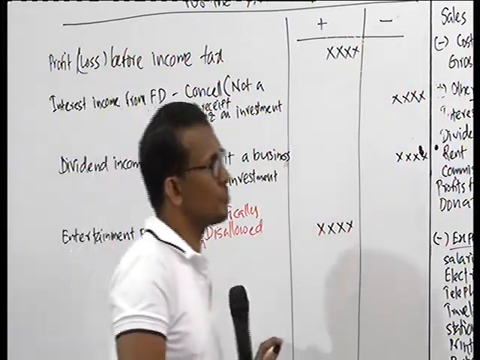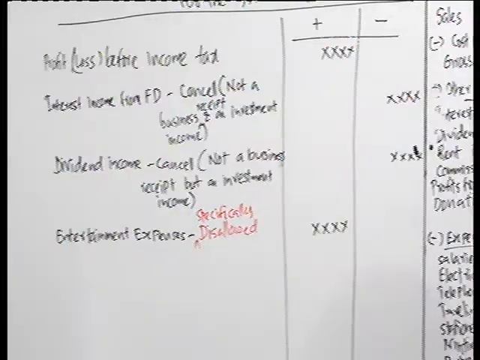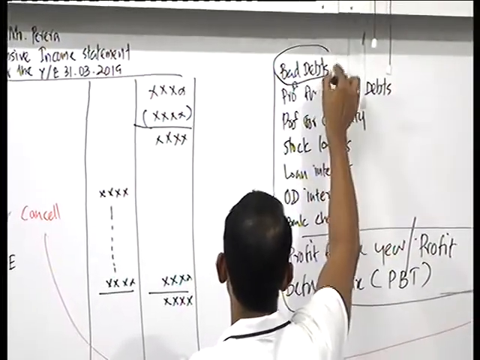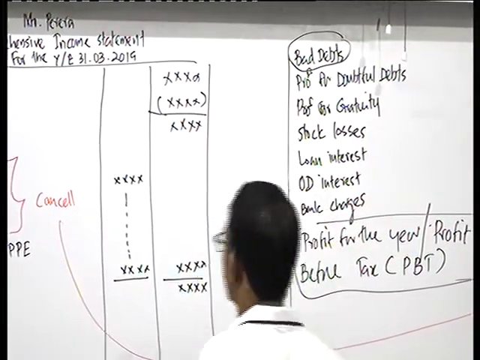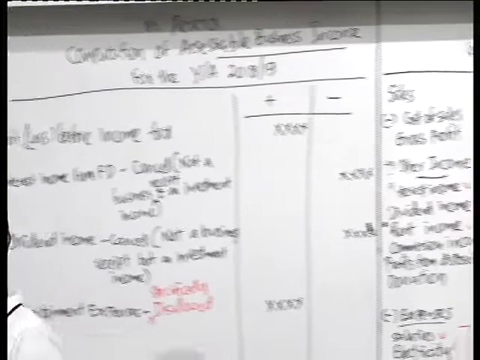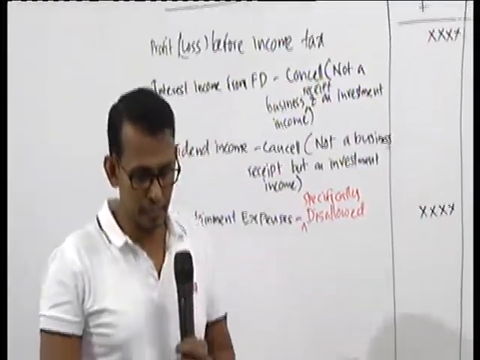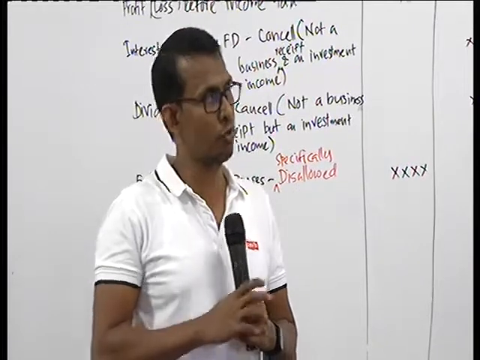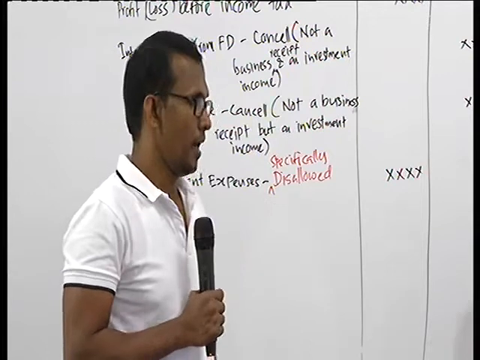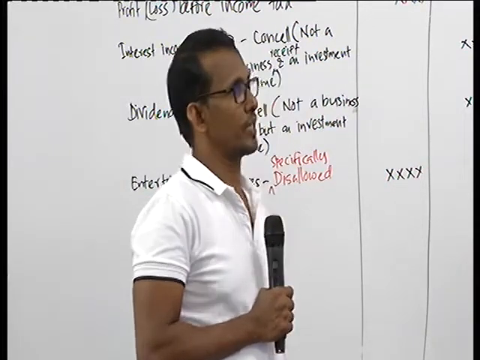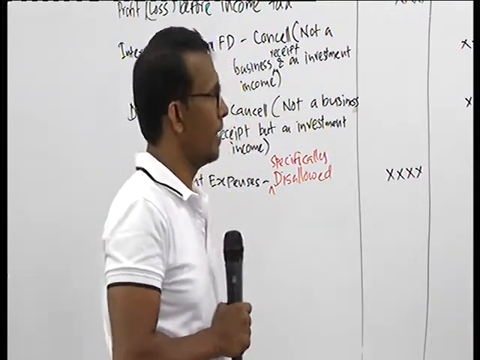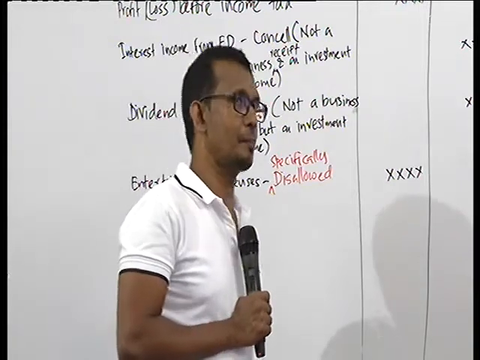And then comes bad debts, provision for doubtful debts, provision for gratuity. We'll leave bad debts for a moment, but we'll come to the provision for doubtful debts and provision for gratuity. I told you, provisions are not actual expenses. In accounting, to be in line with the prudence concept, you make provisions for anticipated losses. In accounting, yes, you can go ahead with the prudence concept and make provisions for anticipated losses.